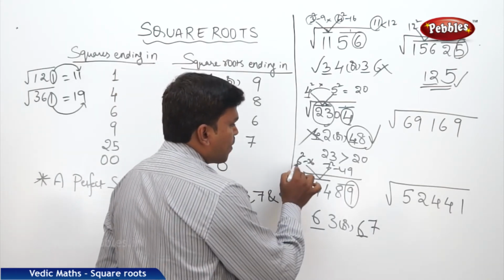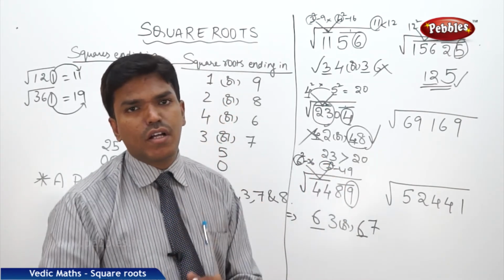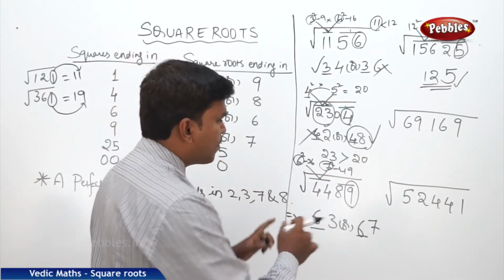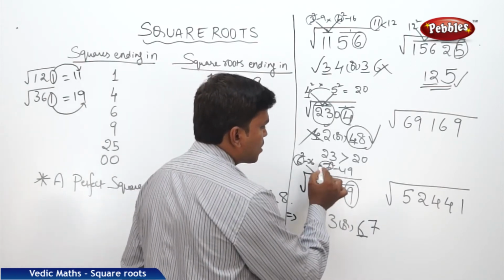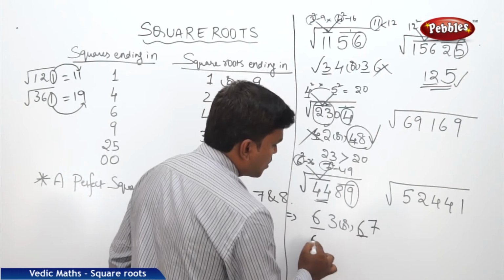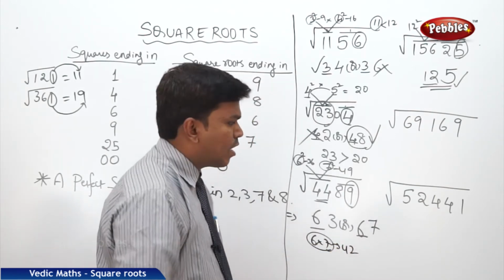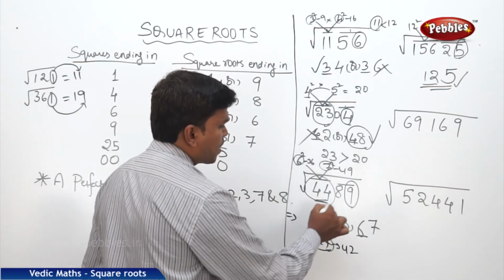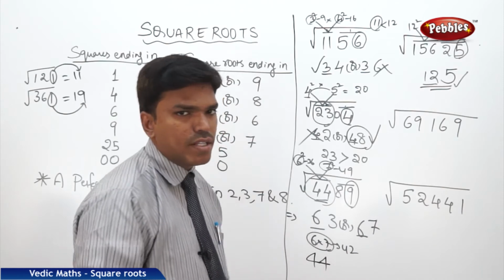Now simply multiply the border square numbers between which we got this second partition. 6 7s are how much? 6 into 7, how much? 42. Now you compare with the second partition number, 44. Is 44 greater than 42 or less than 42?